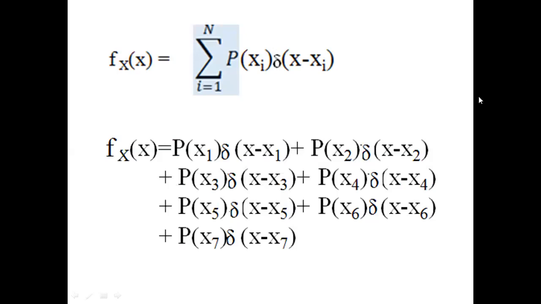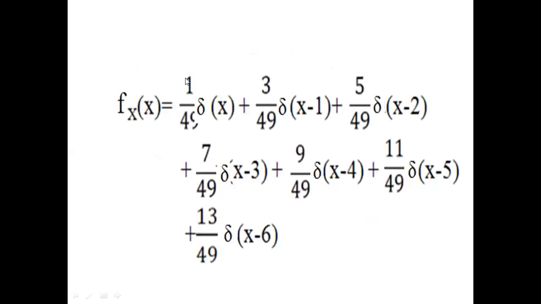So we know the events and the corresponding probabilities also. By substituting, we are getting 1 by 49 del of x minus 0. So 0 will be eliminated here. Plus 3 by 49 del of x minus 1 plus 5 by 49 del of x minus 2 plus and so on 13 by 49 del of x minus 6.